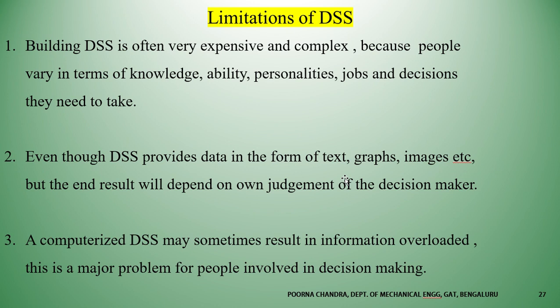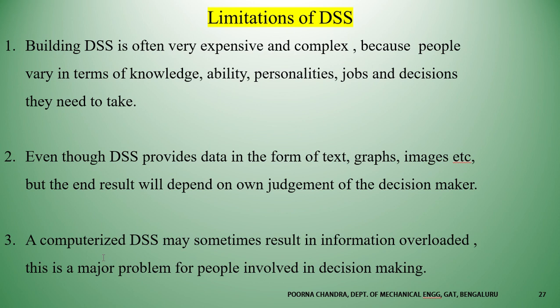Next, what are the limitations of DSS? Building a DSS is often very expensive and complex because people vary in terms of knowledge, ability, personalities, jobs, and the decisions they need to take. Next, even though DSS provides data in the form of text, graphs, images, etc., the end result will depend on the own judgment of the decision maker, so he should use proper judgment.